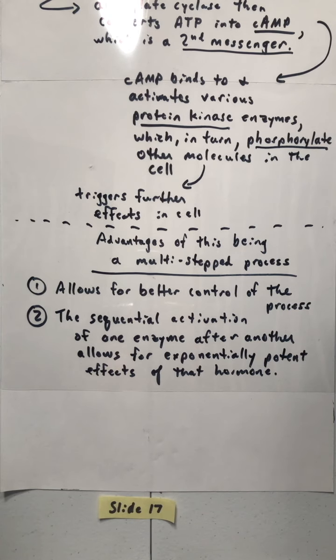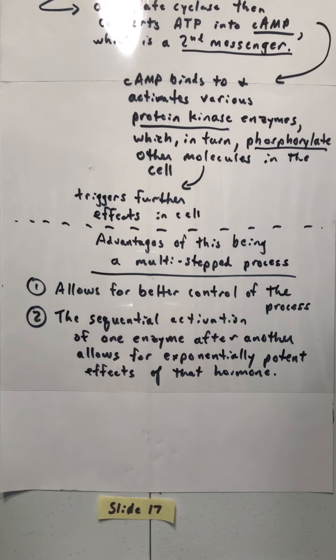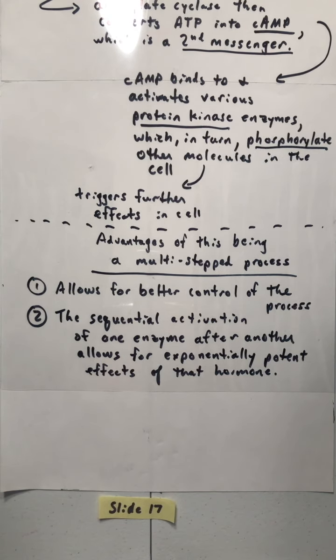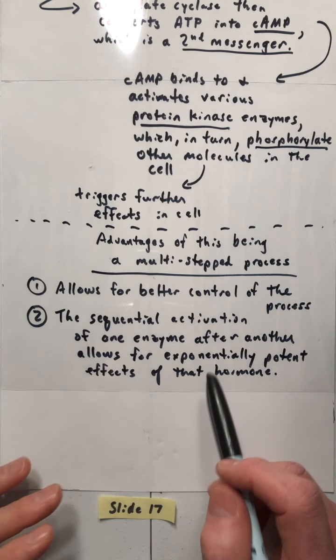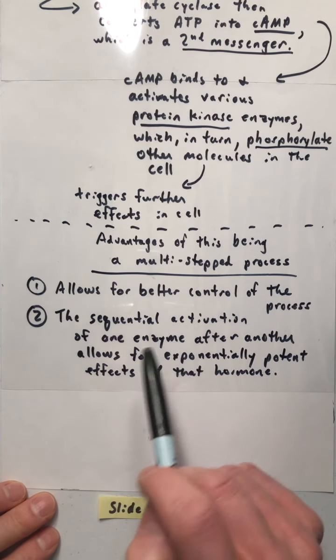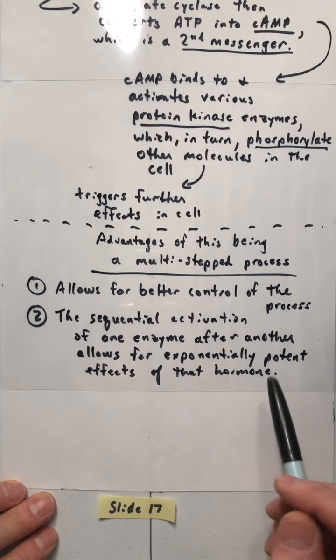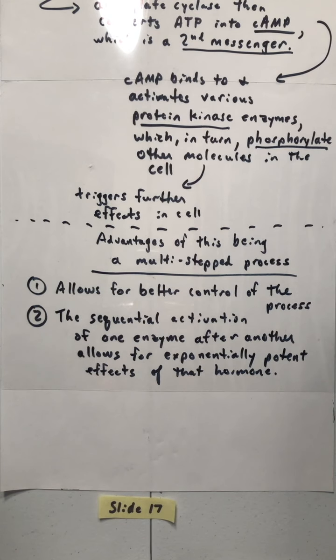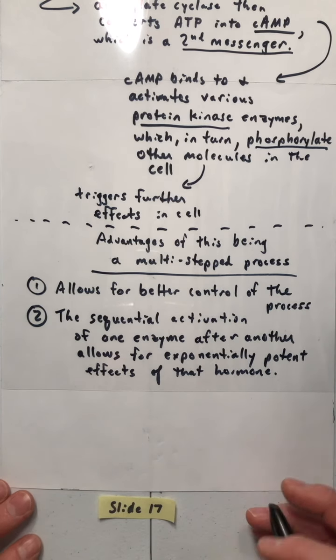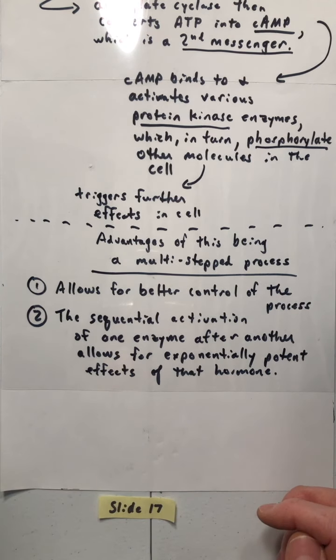And it's been estimated that one glucagon hormone molecule has, through a second messenger system, the ability to add 100 million glucose molecules to your bloodstream. That's incredible. And so a multi-step process in which each step involves one enzyme activating another allows for a very comprehensive, full-on, potent response with the help of really just a small number of original hormone molecules.